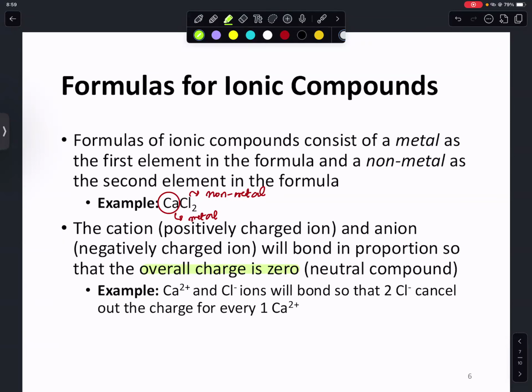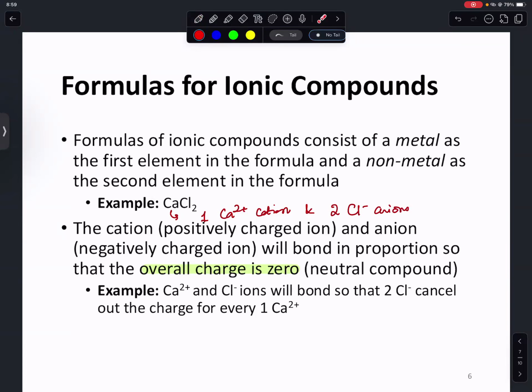So that means that when you're writing the formula, the cation and anion in the formula unit will have to be in proportion. So again, let's look, going back to the example of calcium chloride. In calcium chloride, you know here that there is 1 calcium cation and 2 of the chloride anions.